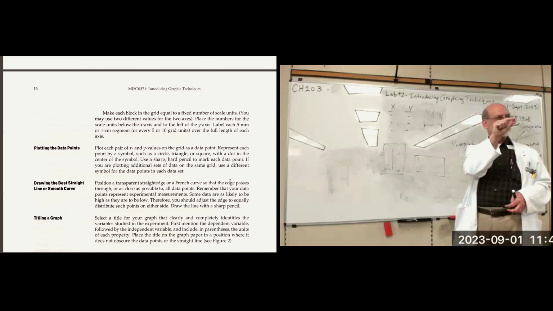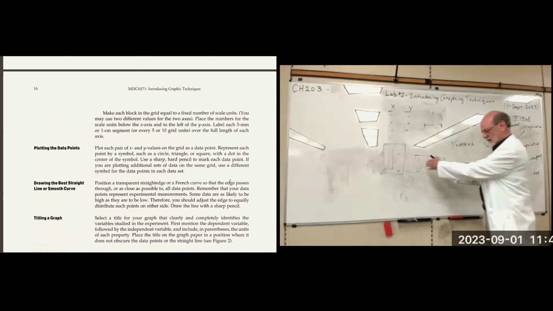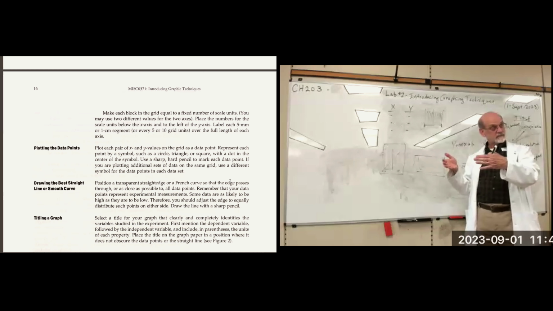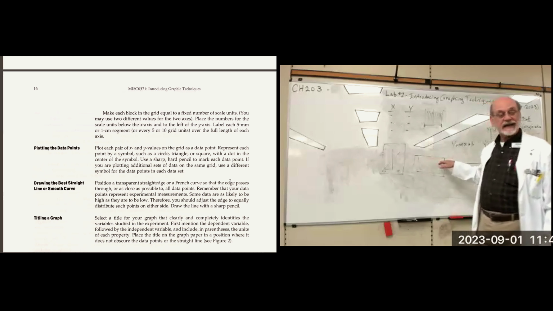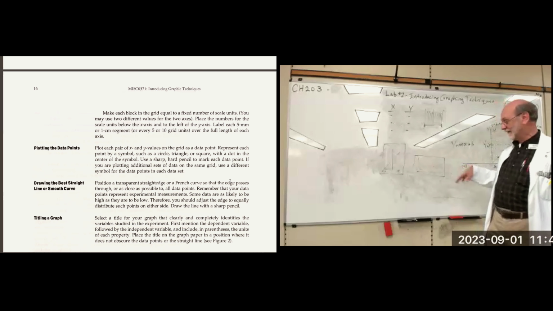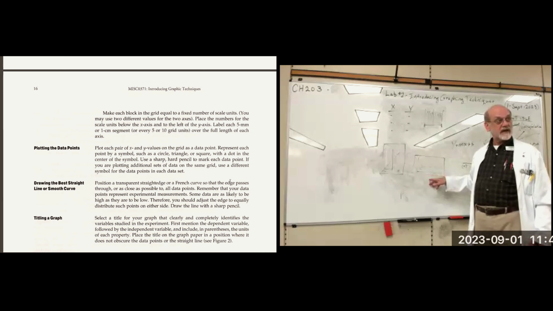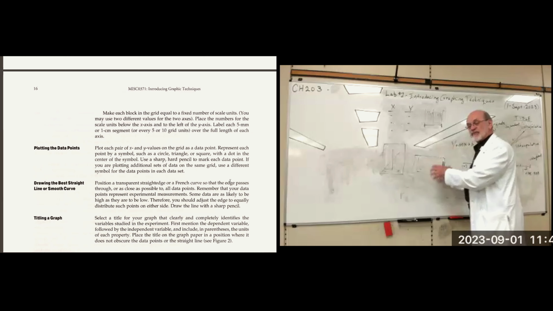You just want to set it up so that you can label, and then the minor tick marks would be in between those. Okay. And once you've got that set up, don't forget the title. Label what the axis is, what variable it represents, and what its units of measure are. And then you can start putting your data in there.